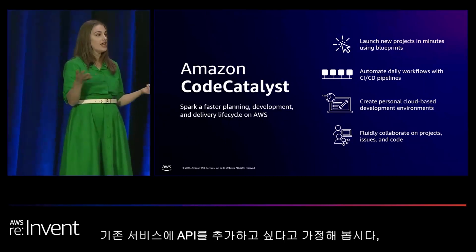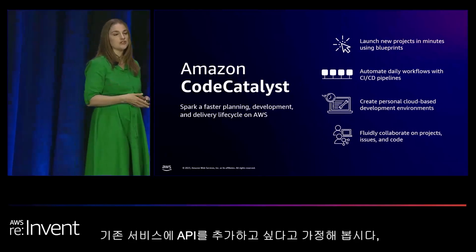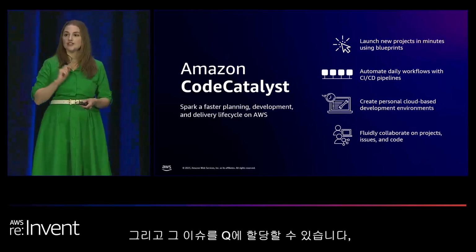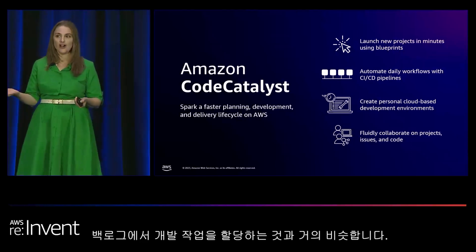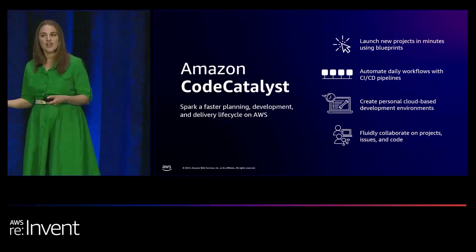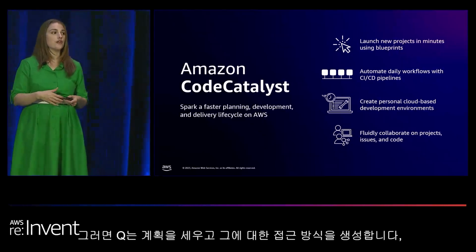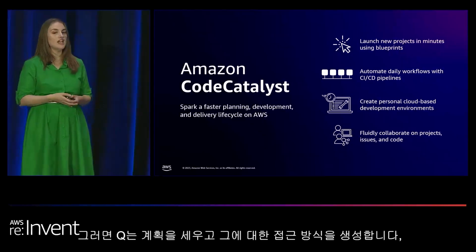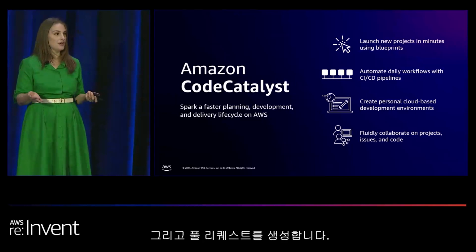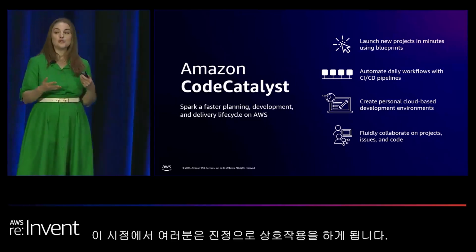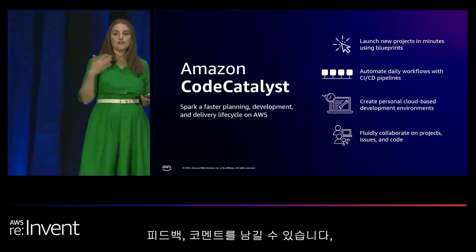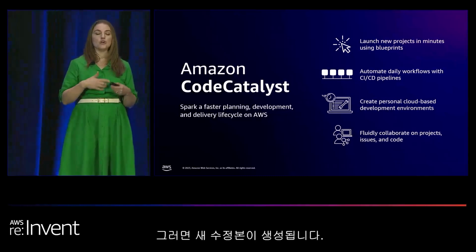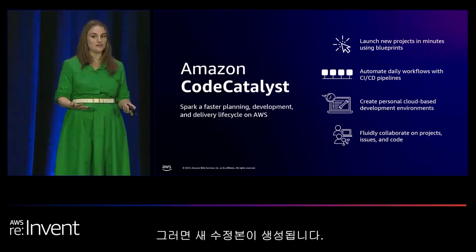Let's say I want to add an API to an existing service, and you can assign that issue to Q, almost like assigning a development task in your backlog to another member of your team. And Q will go off and generate a plan, an approach to that, and then it will generate a pull request for you. And so at that point, you're truly sort of interacting with another member of your team. You can leave feedback, comments, and it will go off and generate a new revision for you.